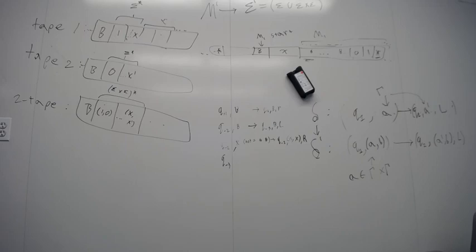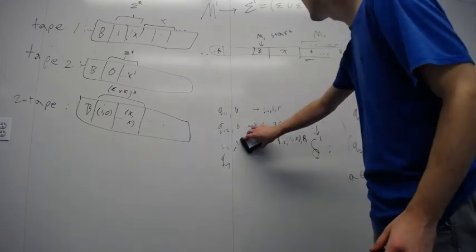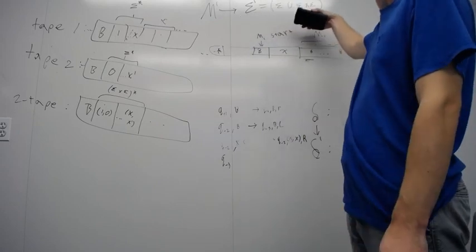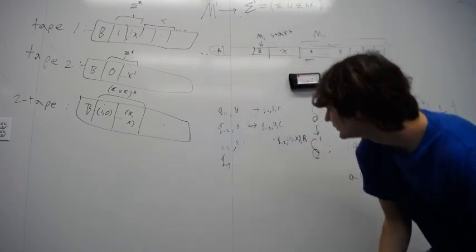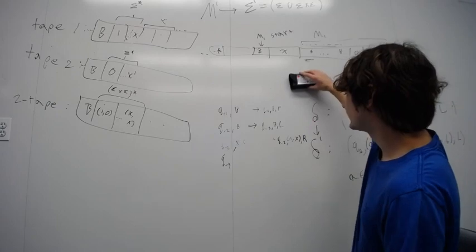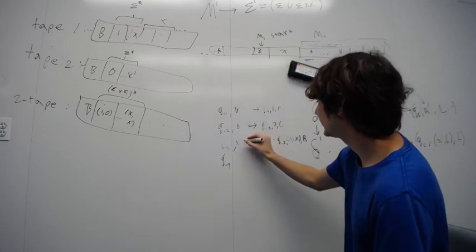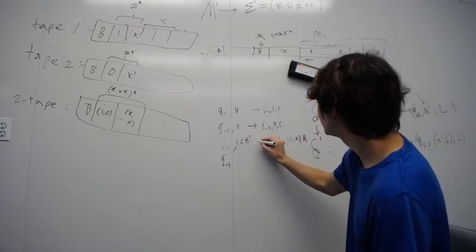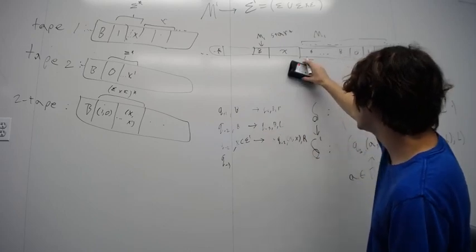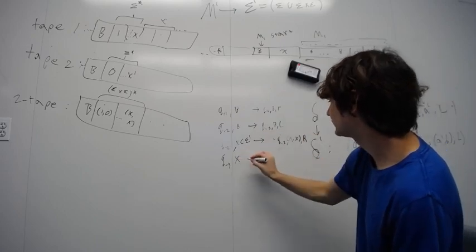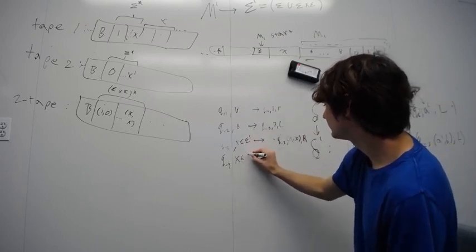Oh, so instead of saying X not in blank, you can say X in sigma prime, which is in fact this, right? Okay. So for X in sigma prime, we write XX.